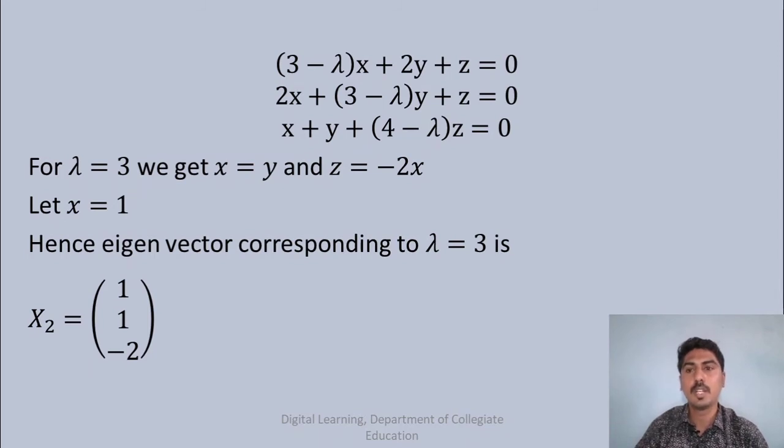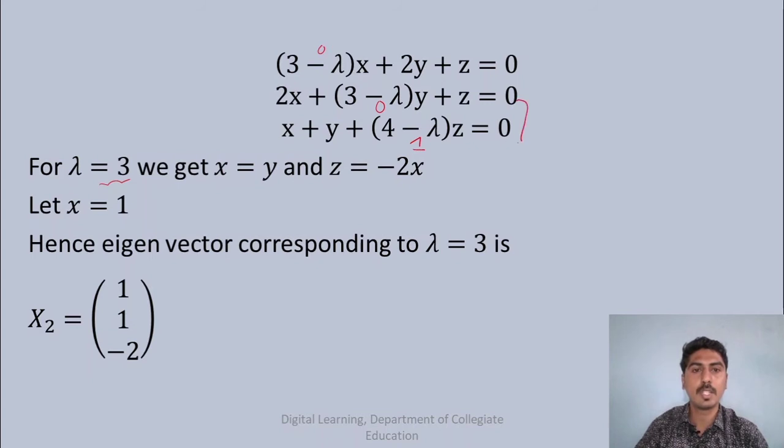Next, to find out the eigenvector corresponding to lambda equal to 3, you substitute 3 in this equation. Here we get 0x plus 2y plus z equal to 0, 2x plus 0y plus z equal to 0, x plus y plus 1z equal to 0.